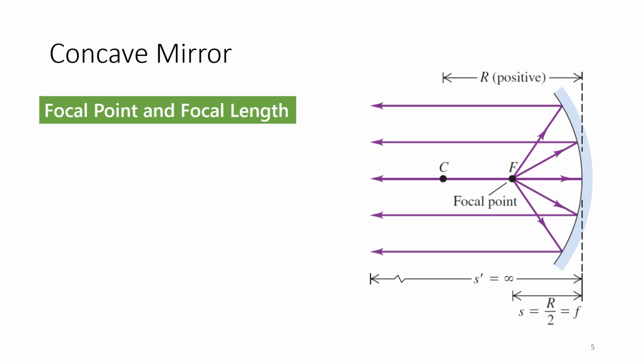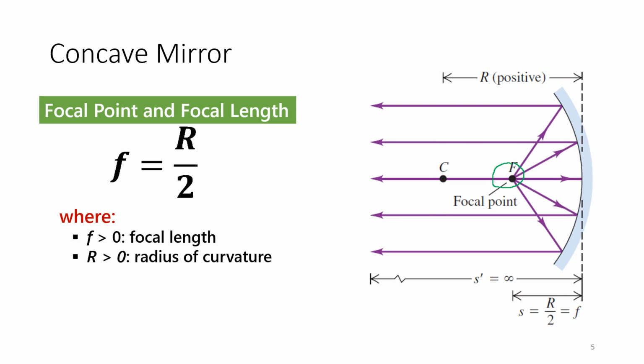Approximations with geometry dictate that this focal point is located between the mirror's center of curvature, or C, and the mirror itself. This F is basically your focal point. The focal length is exactly half of the radius of curvature. We take both F and R to always be greater than 0, at least for concave mirrors.